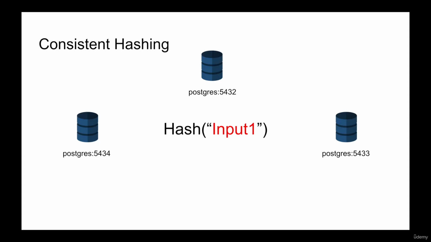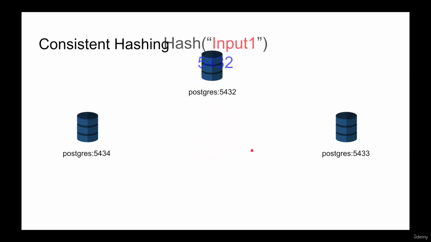Essentially, that hash is going to give you back that instance somehow. So let's say hashing of input 1 will give you database 5432. You're going to go here. So every time you submit the input 1 string, it will always go to this database.